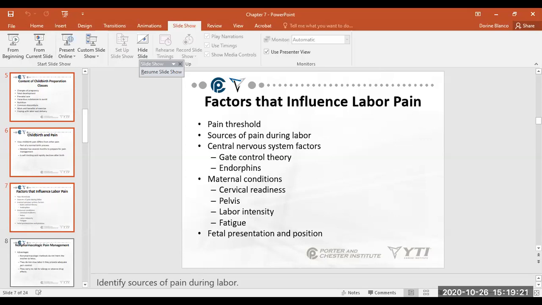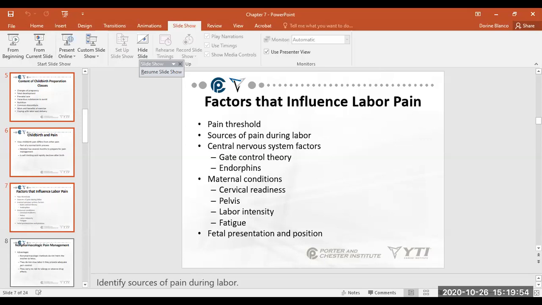You have different physical factors. Your central nervous system has a lot to do with it. The endorphins, a natural body substance similar to morphine, increase during pregnancy and reach a peak during labor. So the endorphins may explain why women in labor often need a smaller dose of analgesic or anesthetic than might be expected during a similar painful experience.